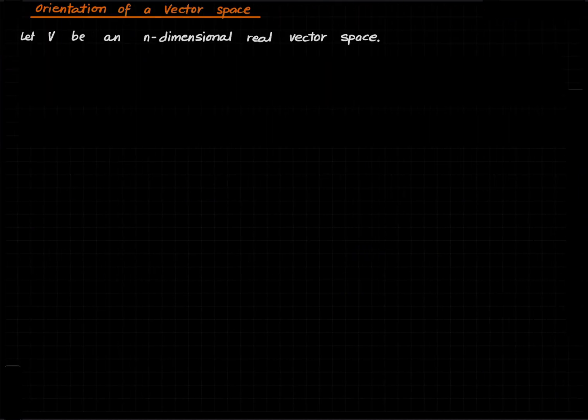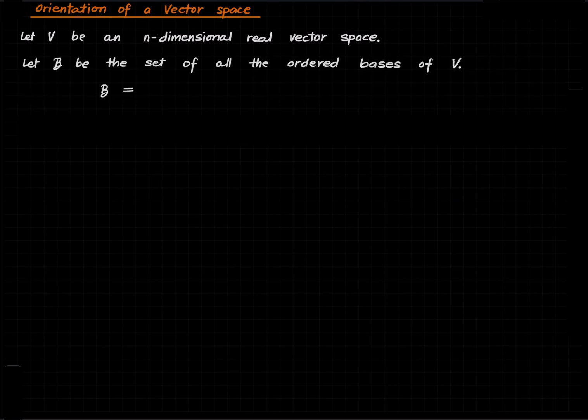So now we will have a purely linear algebraic discussion, nothing to do with group theory, for some time at least. So fix an n-dimensional real vector space V, and let script B be the set of all the ordered bases of the vector space V. What do I mean by that?